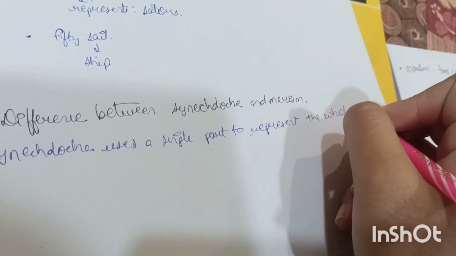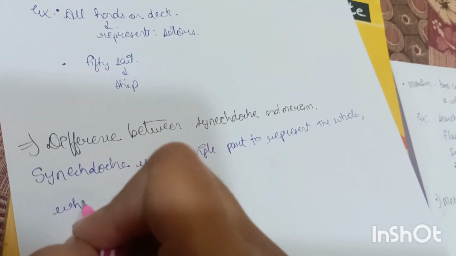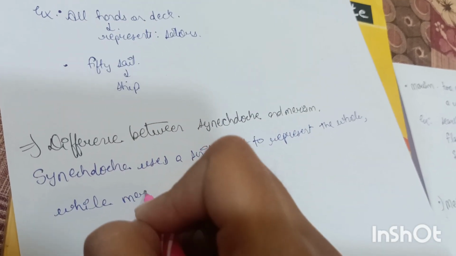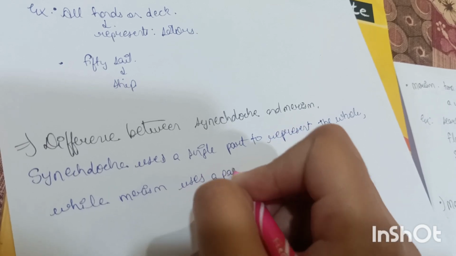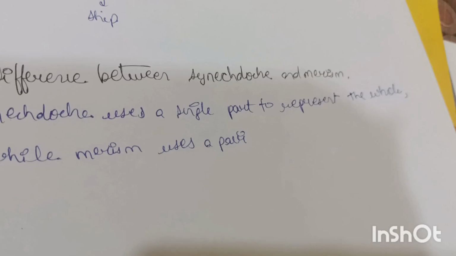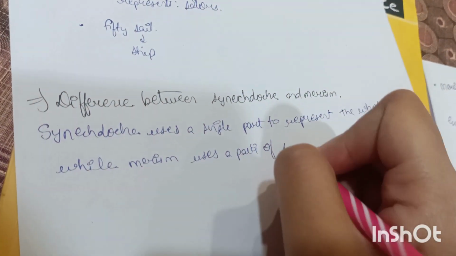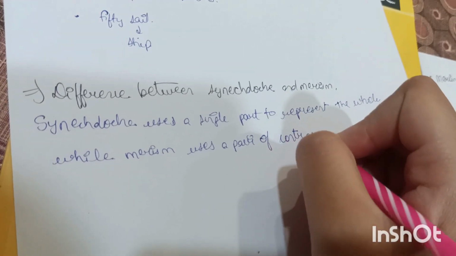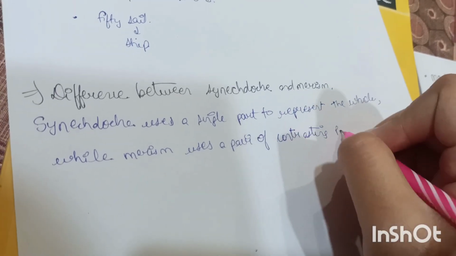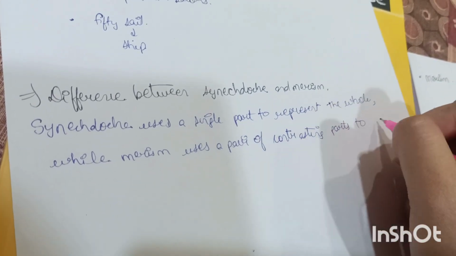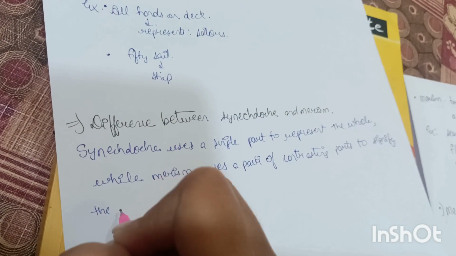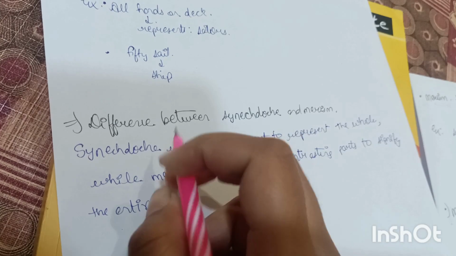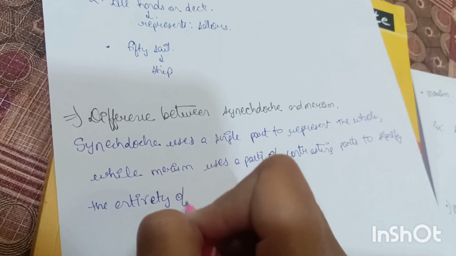Okay, but while merism uses a pair of contrasting parts to signify the entirety of something.